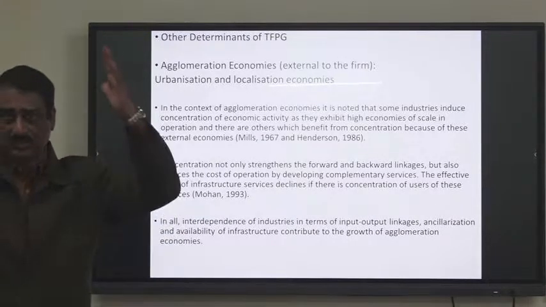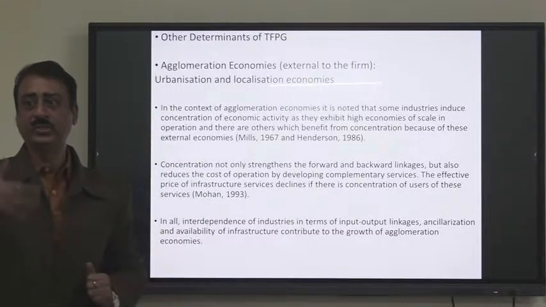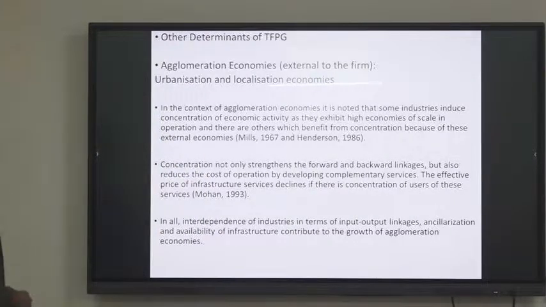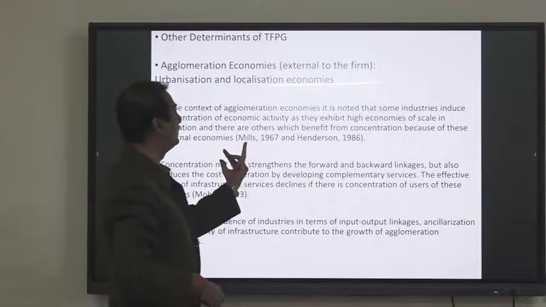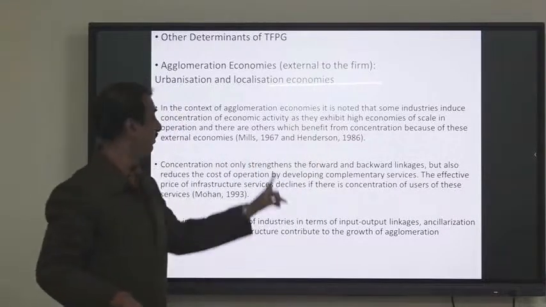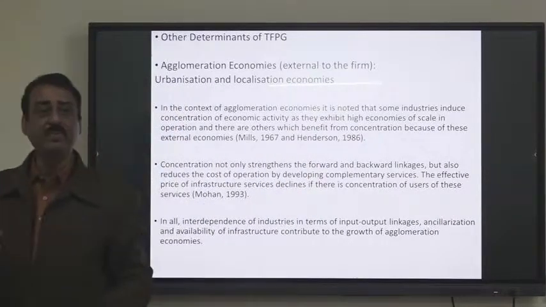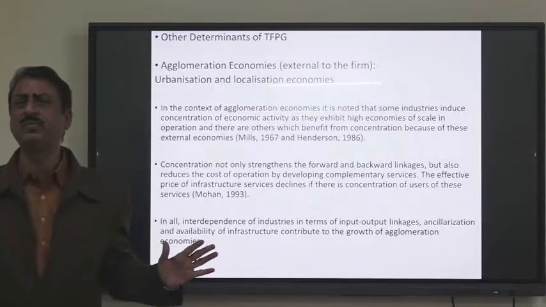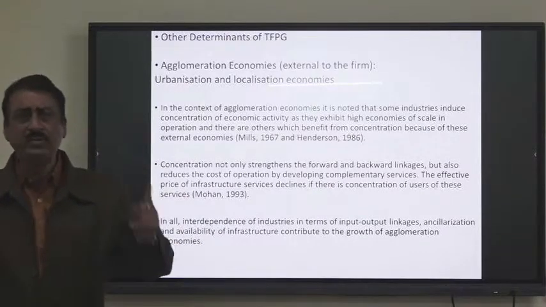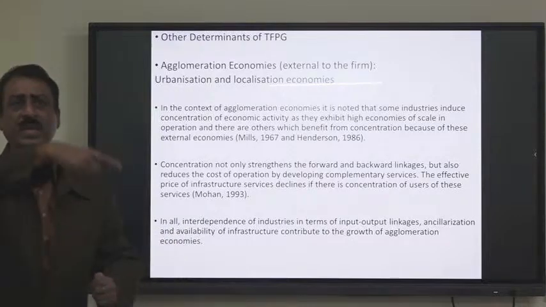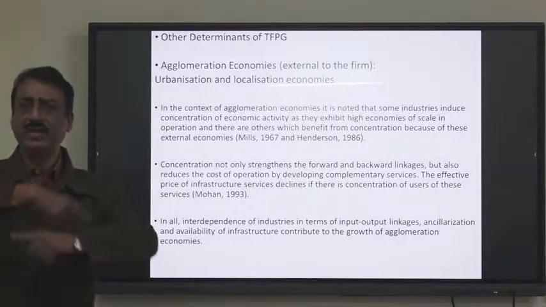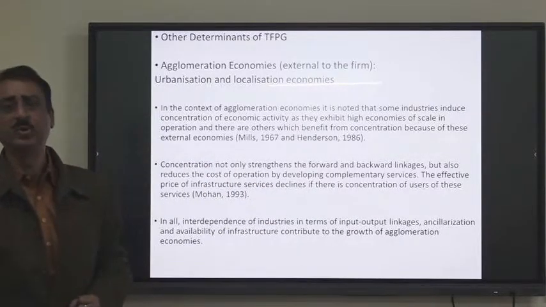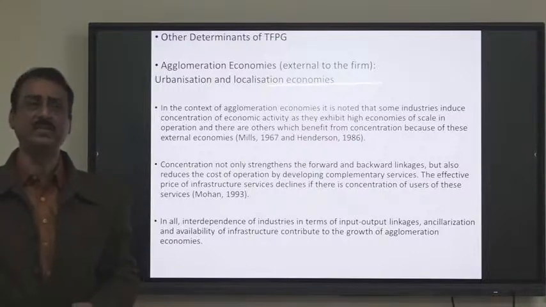They theorized, they worked out the channels through which you will be able to benefit. Two important schools you will see are Mills and Henderson, my supervisor. The first paper from Edwin Mills came in the American Economic Journal, where he argued that irrespective of whichever activity you are doing, if you go to a large city where there are many people, many activities and a very large market, you would benefit much more than if you go to an isolated place.